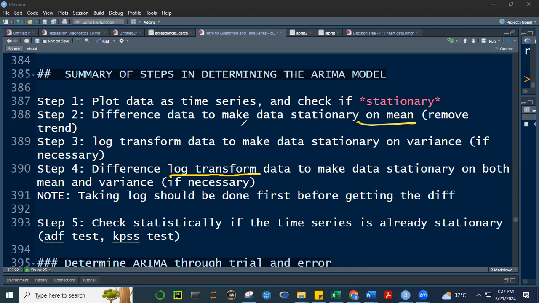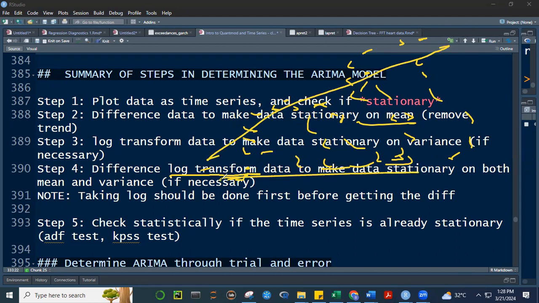However, if the data is both not stationary in mean and not stationary in variance, so suppose our data is behaving this way, ayan yung data natin, no? Medyo may trend at saka medyo may non-constancy in variance.